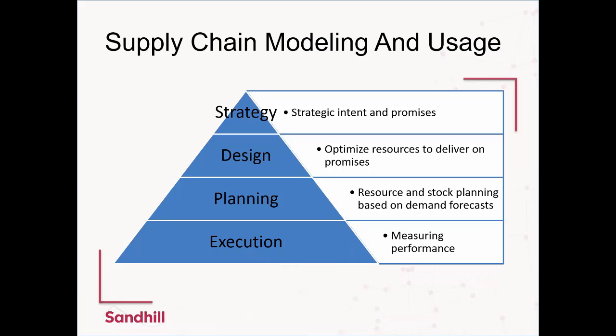What's the differentiators that we're supplying or making ourselves available in the marketplace? And once you have an understanding of what the strategic intent is and the strategic differentiators for your supply chain, you need to design the supply chain and optimize your processes, the organizations, the IT systems, etc., to deliver on those particular promises that you're making.